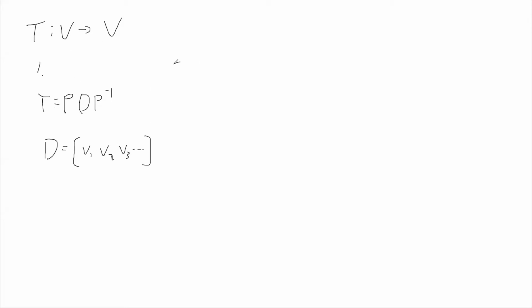Second, V has a basis consisting of the eigenvectors of T. So let's say a basis of V is m1, m2, and so on. That means these vectors are also the eigenvectors for T. That means T times m1 is equal to lambda 1 times m1.